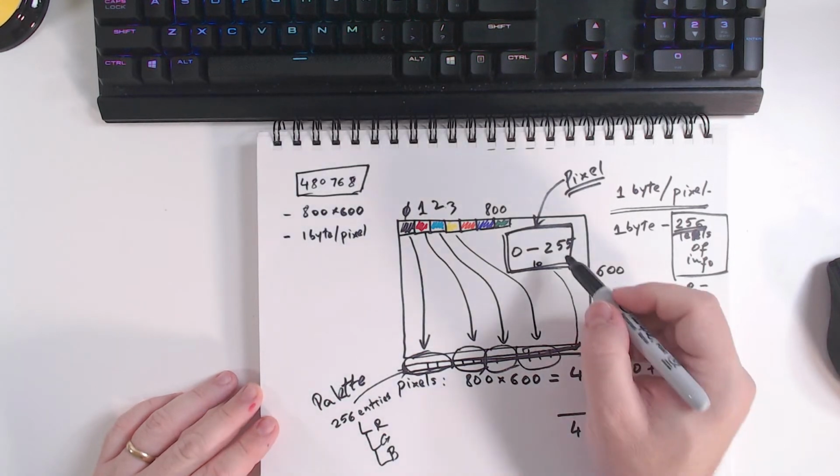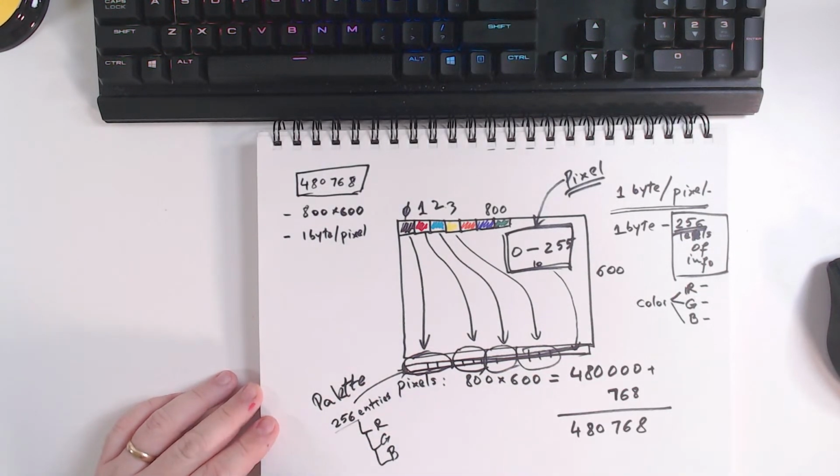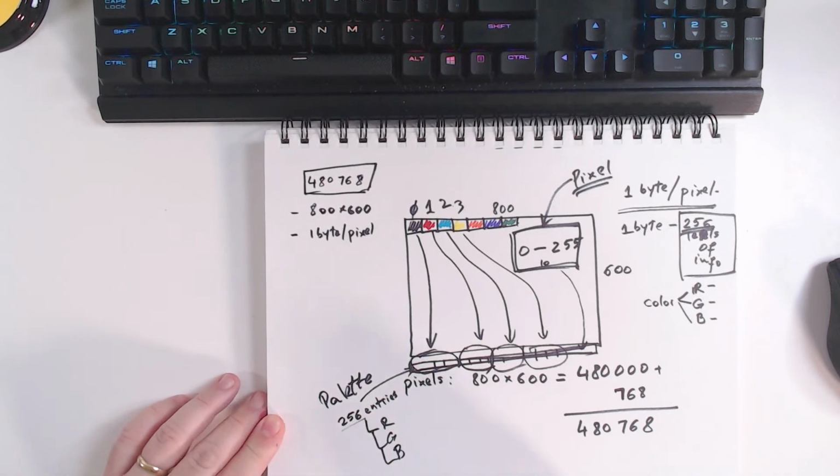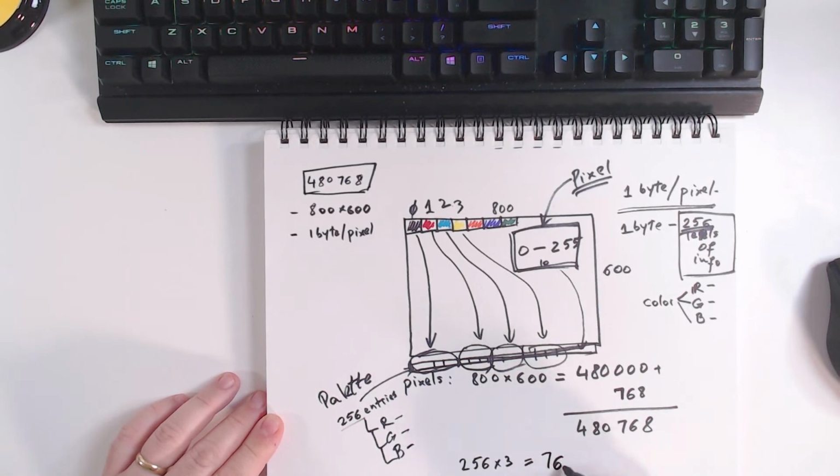All right. So we said that there are 256 positions in the table. So 256 positions times 3 bytes for each position, because we encode RGB as 1 byte each, equals 768. It's exactly this number.